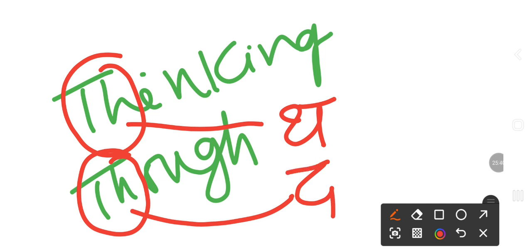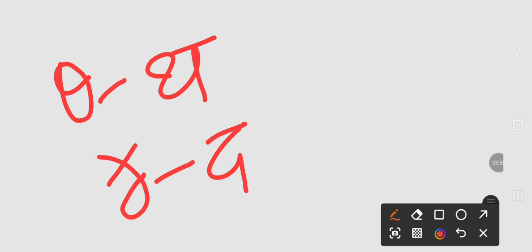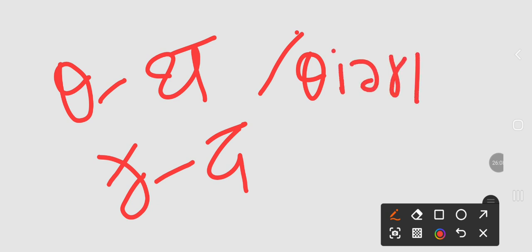Confusion. And that is why these new sounds or symbols have been introduced. This is the first and this is the second. So if you have to write theory, you will write this way. Theory.